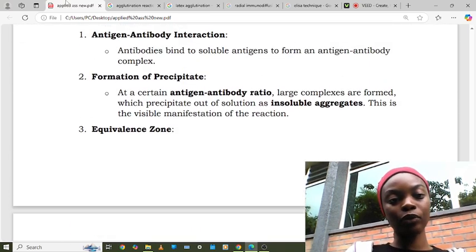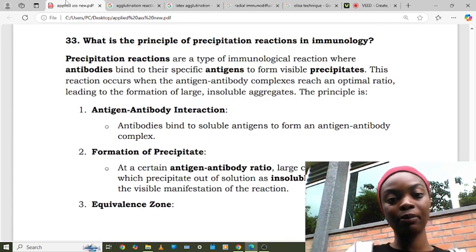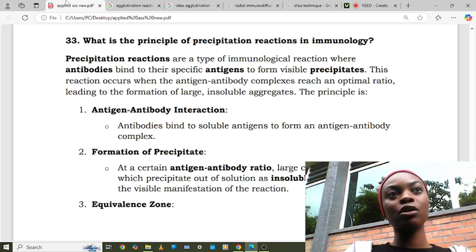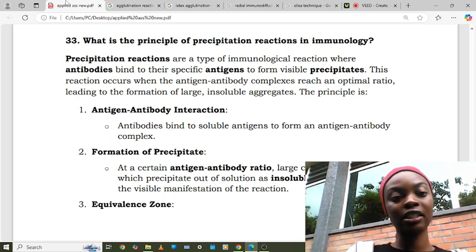So to resume this, precipitation reaction follows the concept of antibody and antigen reaction. It follows the concept of agglutination. But the difference is we are going to make this precipitation reaction in a solution.